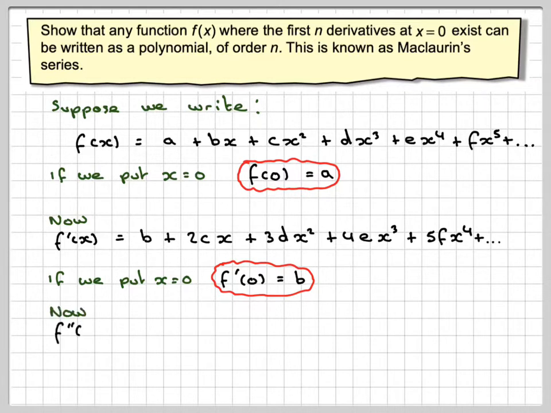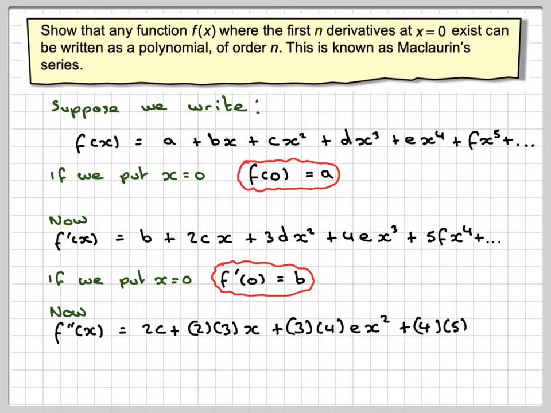Right, if we now do the second derivative, the b will disappear and this will now become 2c plus 2 times 3 times d, I'm going to write it like that on purpose, times x, plus 3 times 4 times ex squared, plus 4 times 5 times fx cubed.